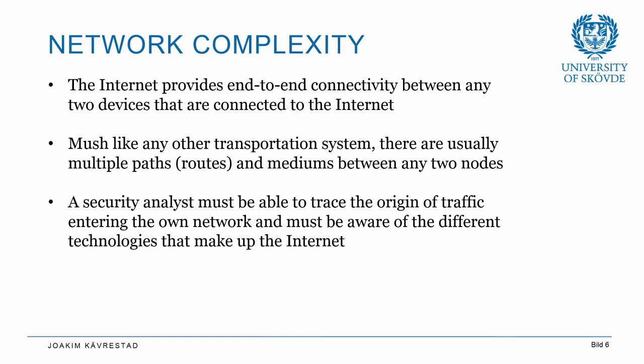In very much the same way, we have multiple ways for packets traversing the internet to take, and we have many different mediums that it can use, such as fiber optic cable, copper cable, or the air using wireless techniques. And a security analyst must be able to trace the origin of traffic entering their own network and must be aware of the different technologies that make up the internet in order to understand how communication on the internet occurs.